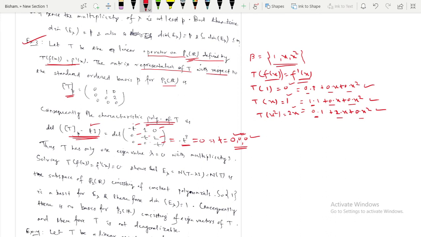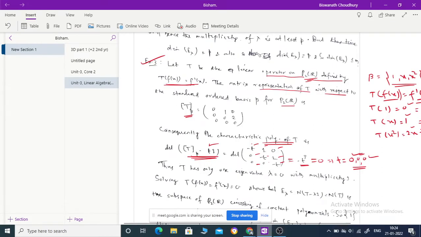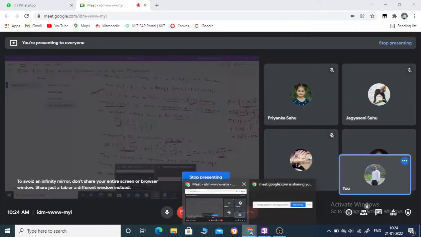How will we get the corresponding eigenvector?